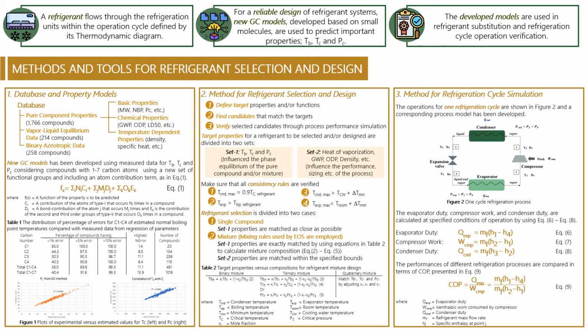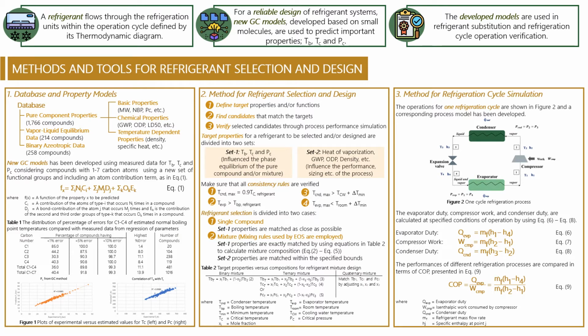Set 1 consists of boiling temperature, critical temperature, and critical pressure. These properties influence the phase equilibrium for pure compounds and mixtures. Set 2 consists of properties such as heat of vaporization, GWP, and ODP. These properties influence the performance sizing of the process. Make sure that all consistency rules are verified.